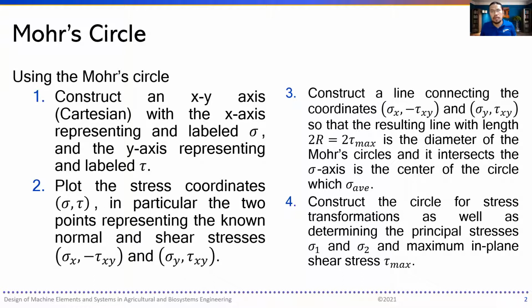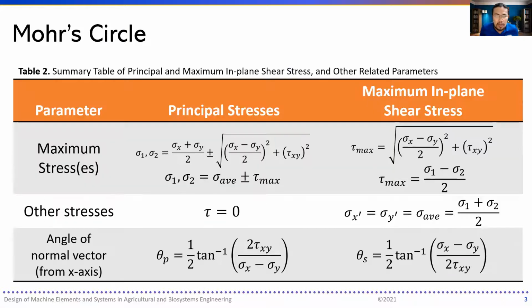And afterwards, the line from the 2 points can now be constructed. That becomes the diameter of the Mohr circle, and the Mohr circle now will be used to solve for the principal stresses and the maximum in plane shear stress.